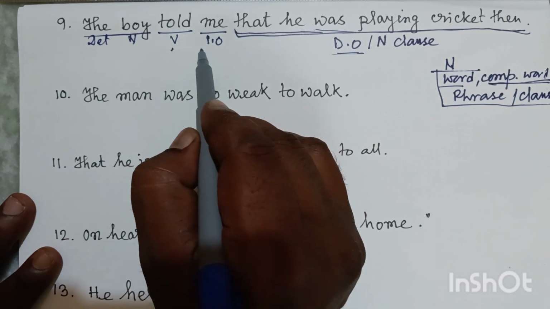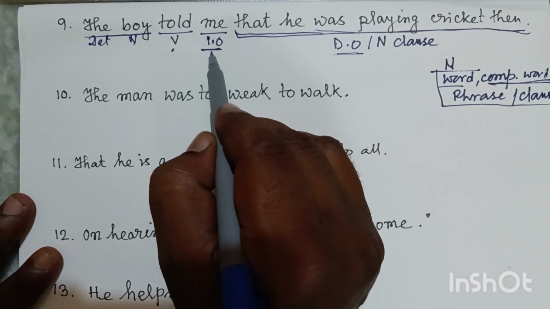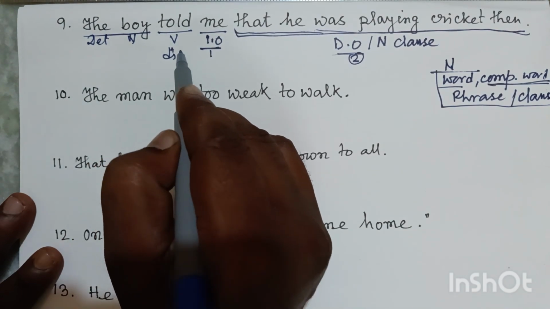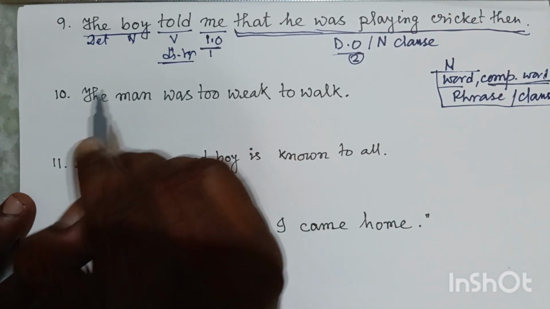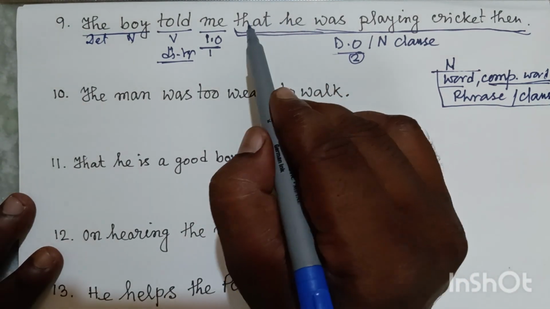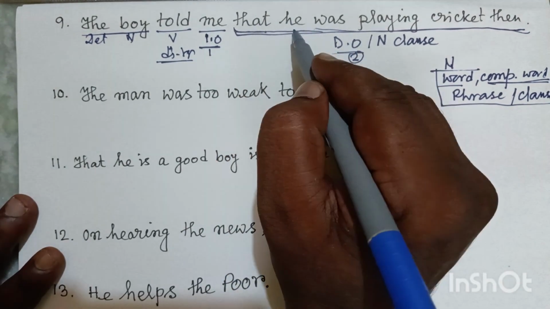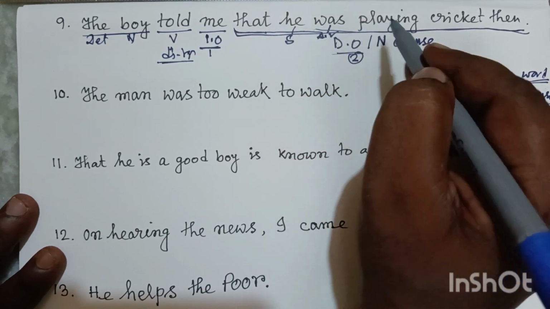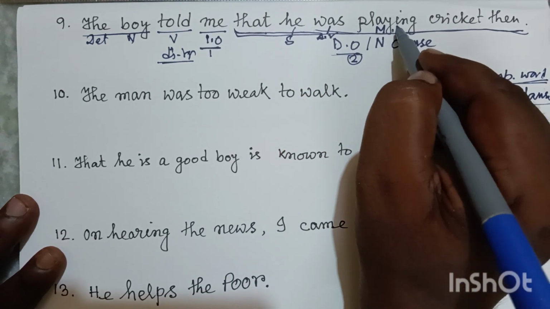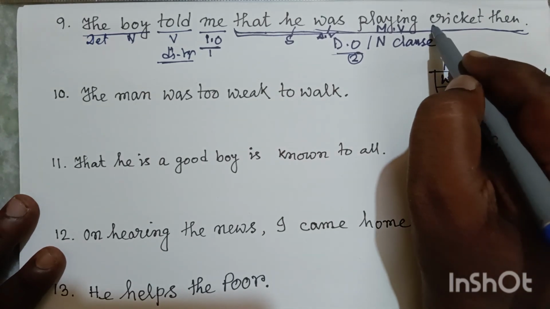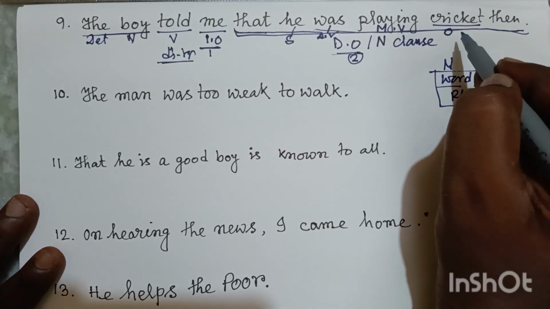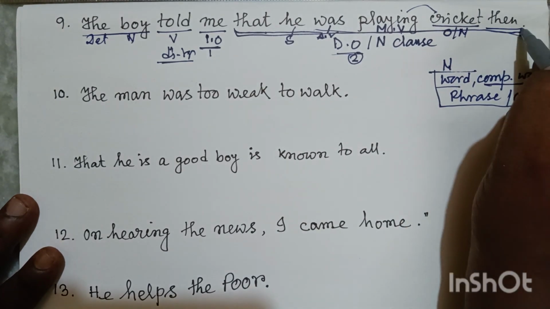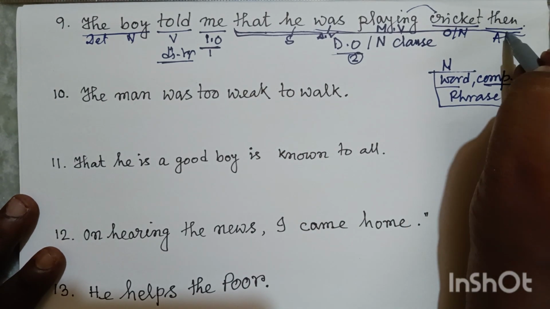So told has two objects. This is object number one, this is object number two. So told is a ditransitive verb. And in this clause you can see he is the subject, was is the auxiliary verb, playing is the main verb, and cricket, that is the object of playing, and it is a noun, and then it is the adverb.